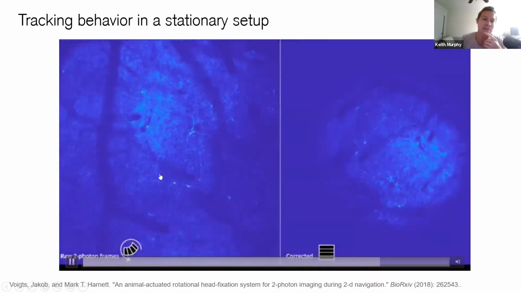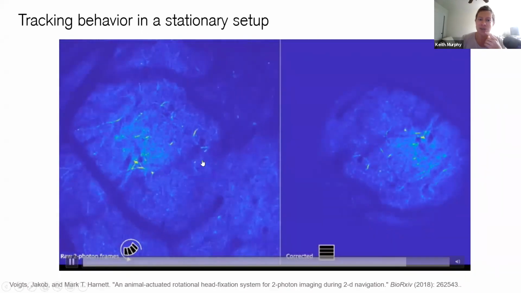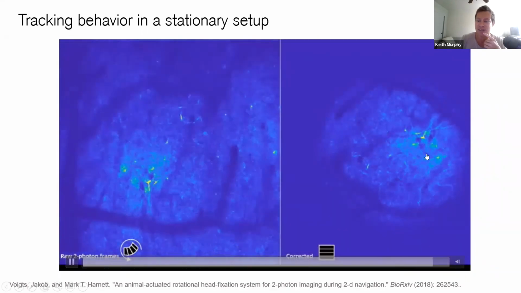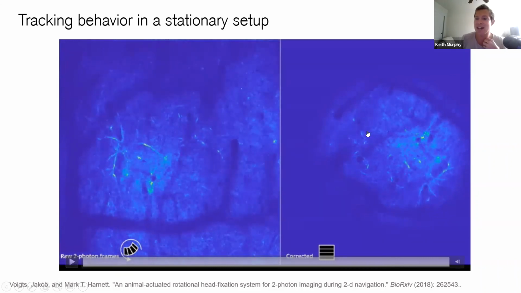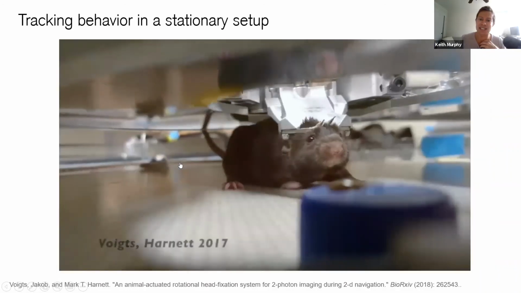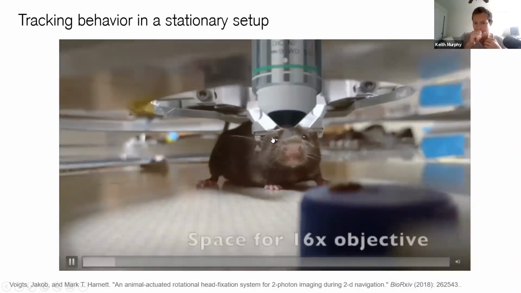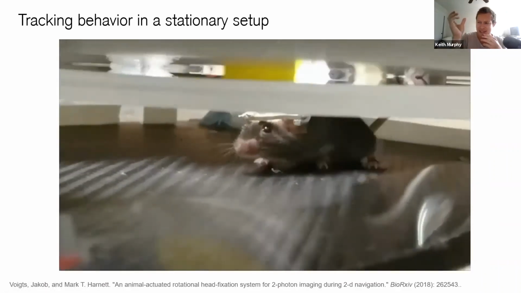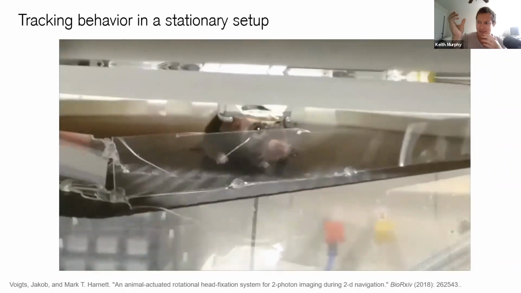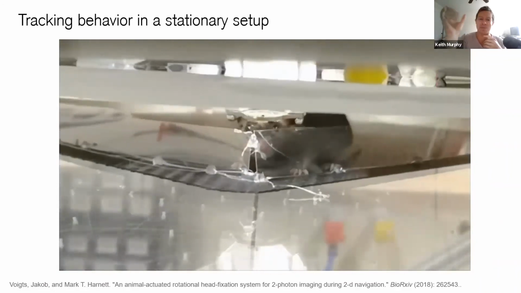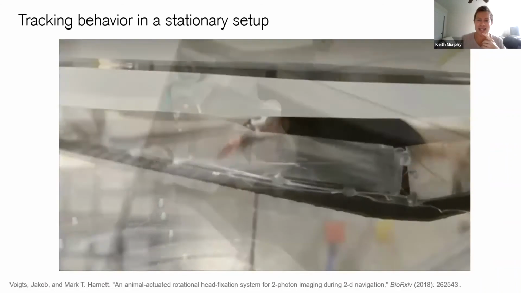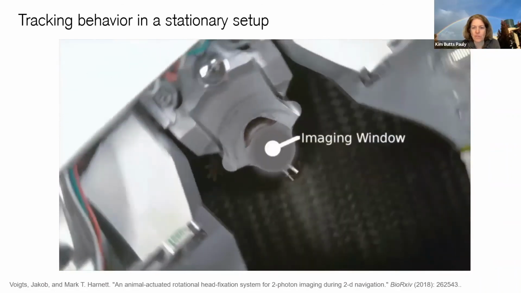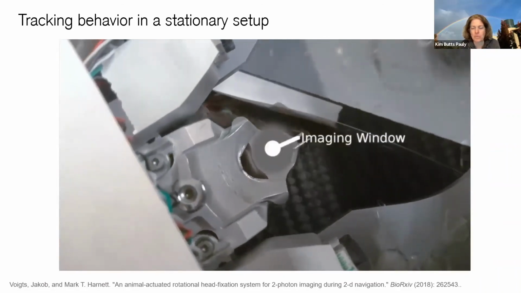So even though the image is spinning, you can register it to itself to get what you see on the right-hand side, a fixed image of these GCaMP labeled cells being active. Again, this is just a way to reduce whatever this rotation would be, along the Z axis I don't know, just to reduce that strain for the animal. It's just 1 degree of freedom with the rotation, so the registration seems pretty easy.